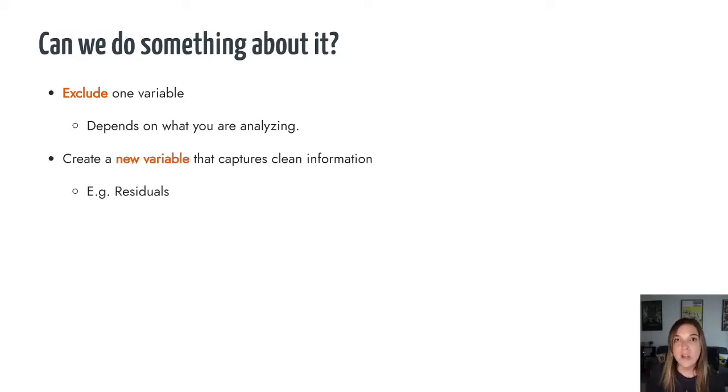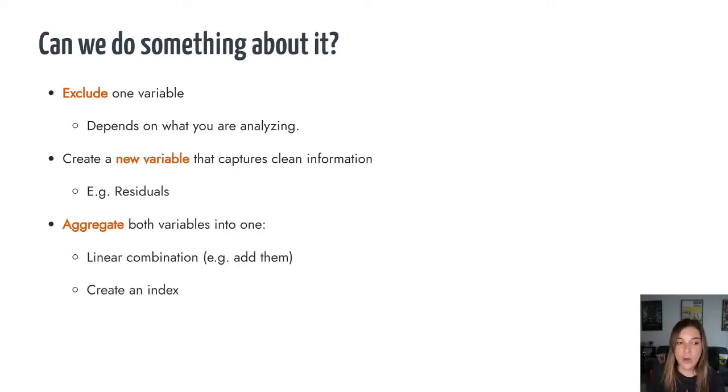We could also create a new variable, like a variable that captures everything that is not being captured by living area, meaning the residual of that variation. Or we could also just aggregate variables. Think about linear combinations, or creating an index that captures both variables, and just having now one characteristic that embodies both covariates.